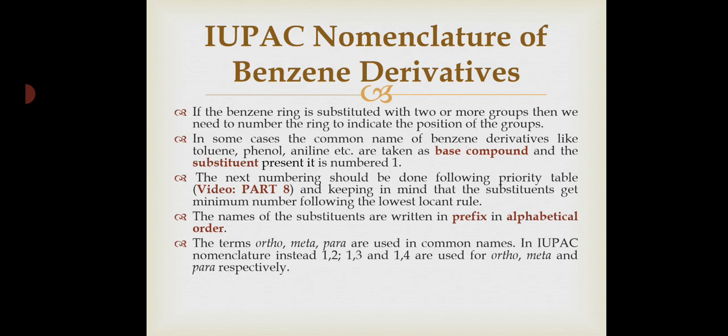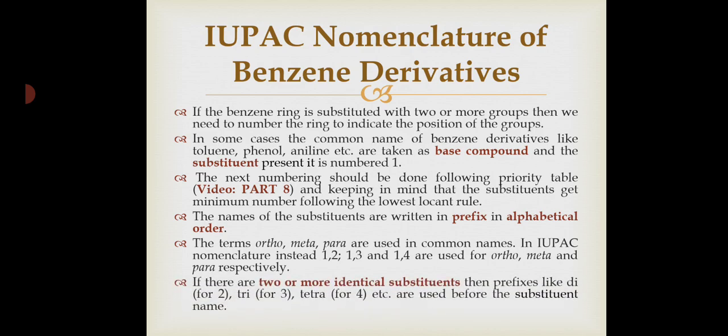Instead we use 1,2, 1,3 and 1,4. 1,2 is used for ortho, 1,3 is for meta and 1,4 is for para substituents. If there are two or more identical substituents, then the prefixes like di for 2, tri for 3, tetra for 4, etc. are used for the substituent names.